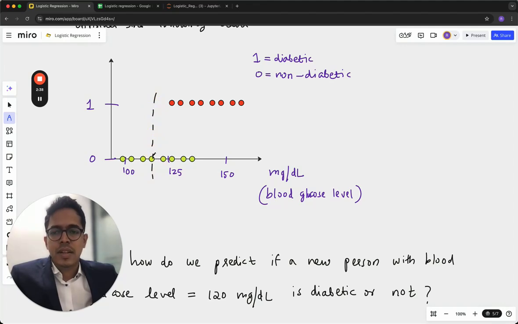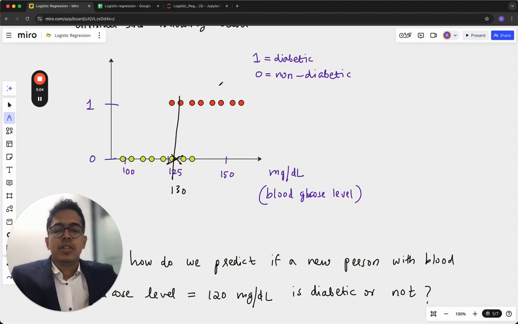Now, the question is, will that person be here or will that person be here? Maybe you might be tempted to say that this person is non-diabetic. If that's the case, what about if a person is over here? Like 130, let's say 130 milligrams per deciliter or 128, whatever it is. Will that person belong to the diabetic category or non-diabetic category?